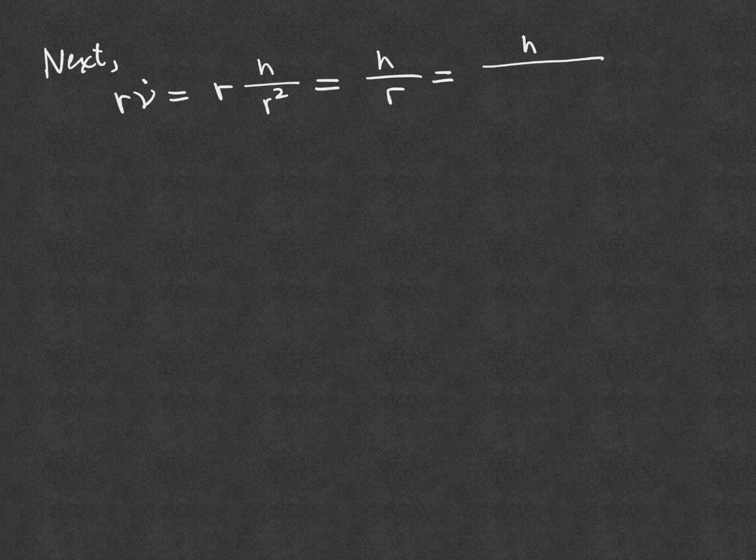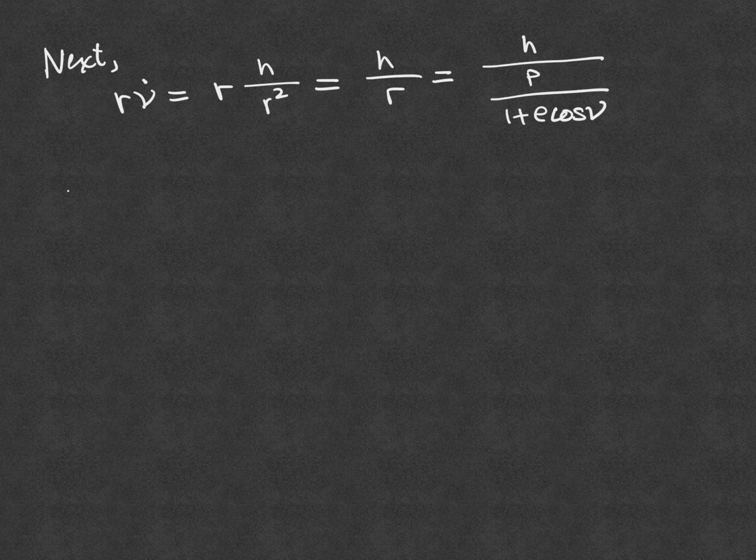So next, R times nu dot. Well, nu dot is equal to H over R squared, so that's equal to H over R, which is equal to, well, R is equal to P over 1 plus E cosine of nu. So this is H all divided by P divided by 1 plus E cosine of nu.